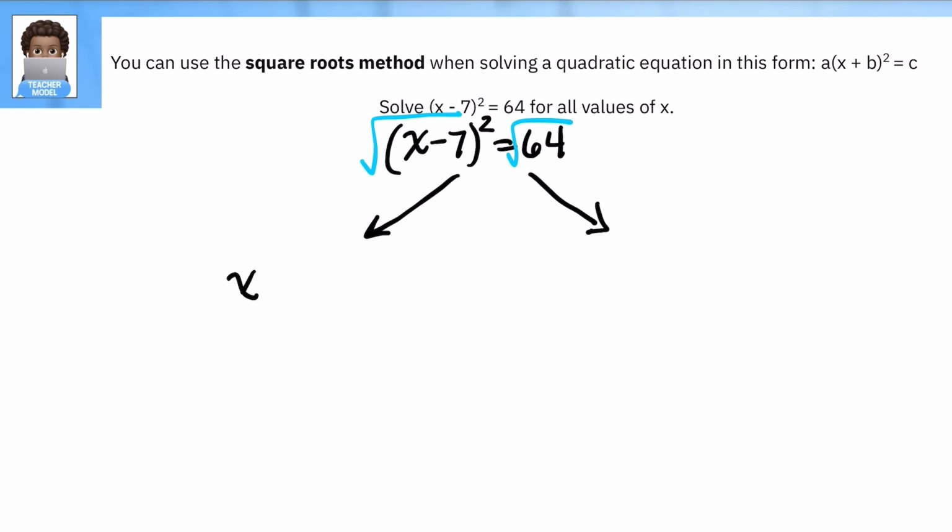On one side, I can have x minus 7 is equal to positive 8. And in the other path, x minus 7 is equal to negative 8. So I'm putting both solutions there because I know that the square root of 64 can be positive 8 or negative 8. And now I can find the two different values for x.